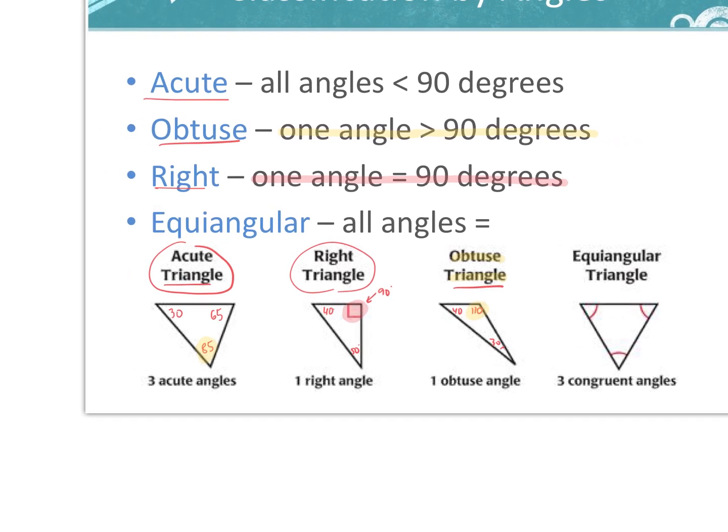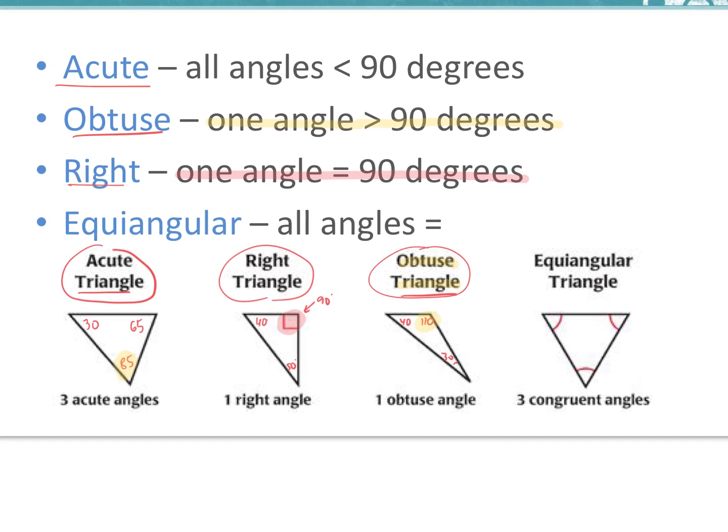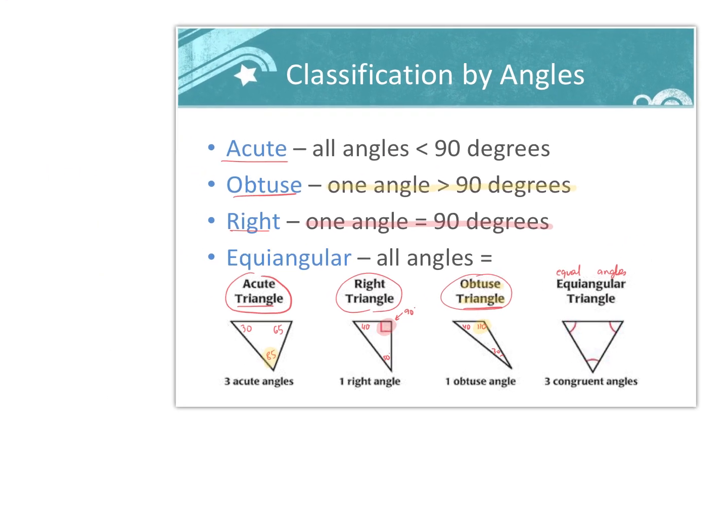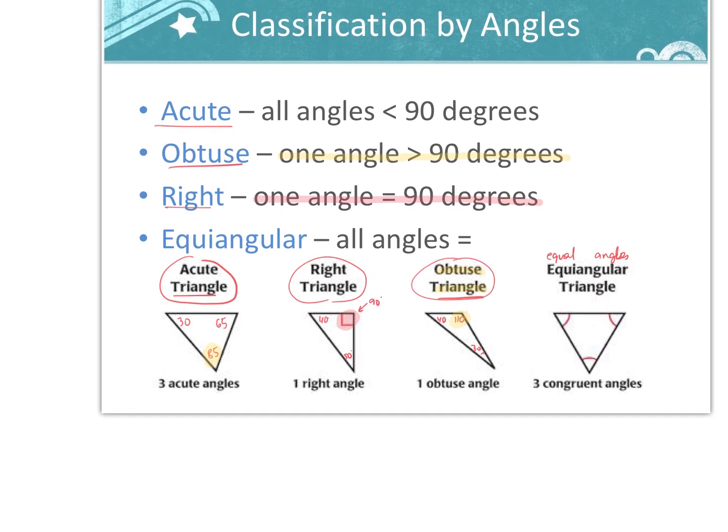And then there's this really specific triangle called an equiangular triangle. Again, equi meaning equal, angular meaning angles, and so it means equal angles. That means that all three angles in an equiangular triangle are equal. Now, we're going to talk about it in the next slide, but all three angles add up to 180 degrees.